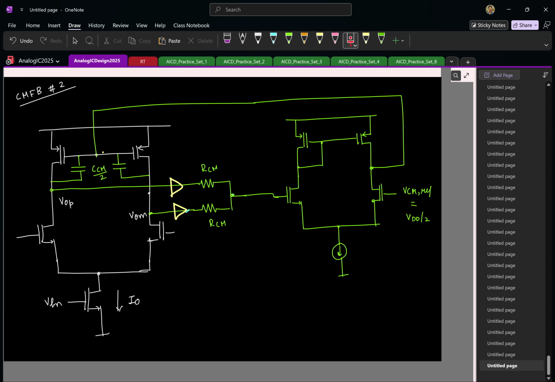So basically the idea is you don't connect the output to the resistor directly. You add a voltage buffer and then do it, and that is done sometimes. So let me just show how the circuit will look like. First let me draw the voltage buffer.